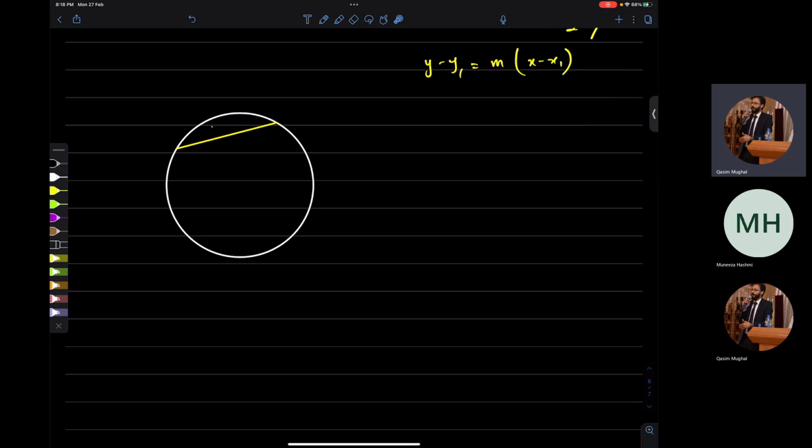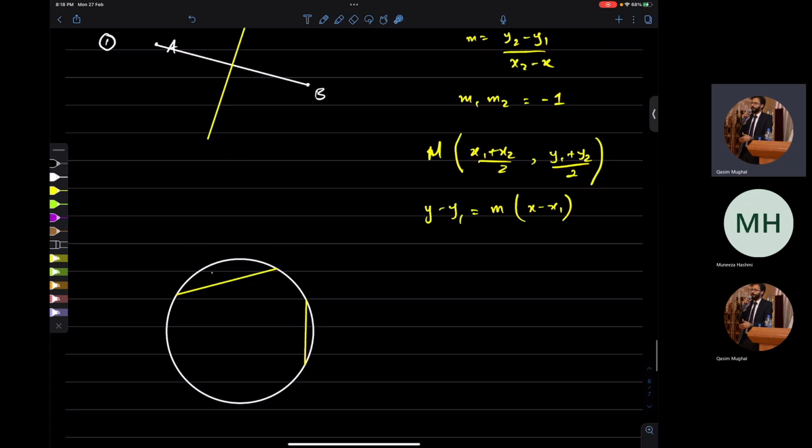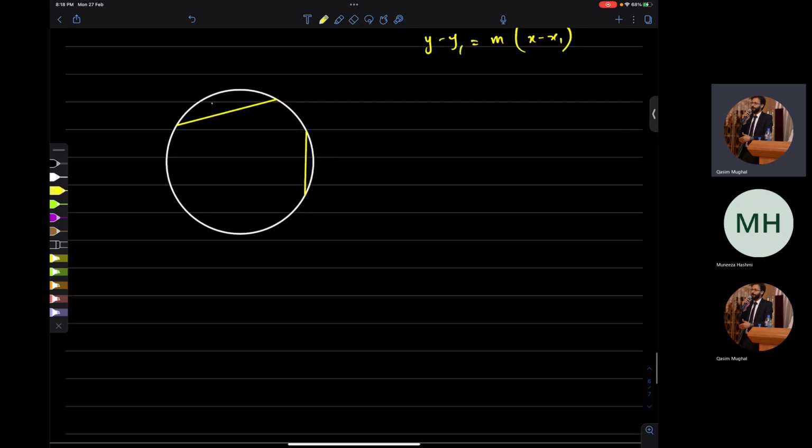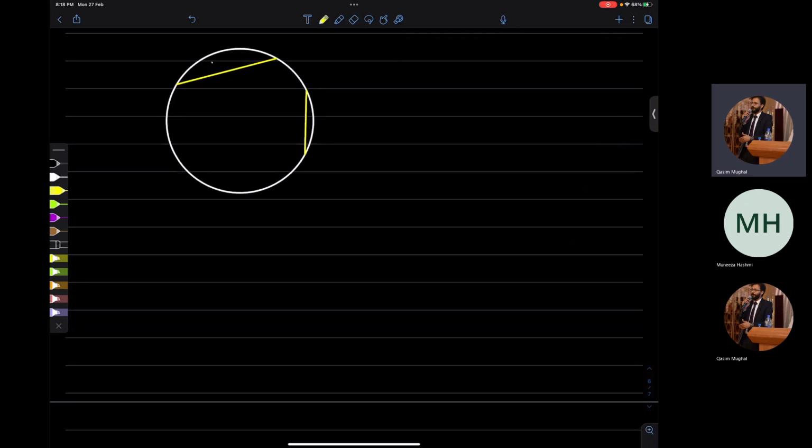It can be anywhere in the circle. If you draw multiple chords in a circle, it's not necessary that all of them have the same length. They can definitely have different lengths. So this is the definition of a chord. Just a quick recall of what a chord is.